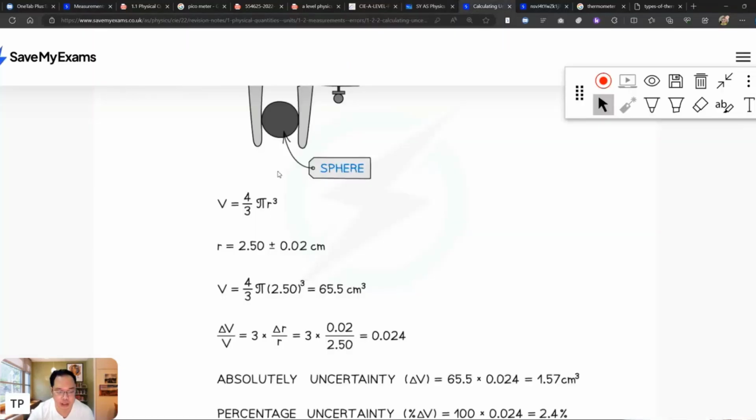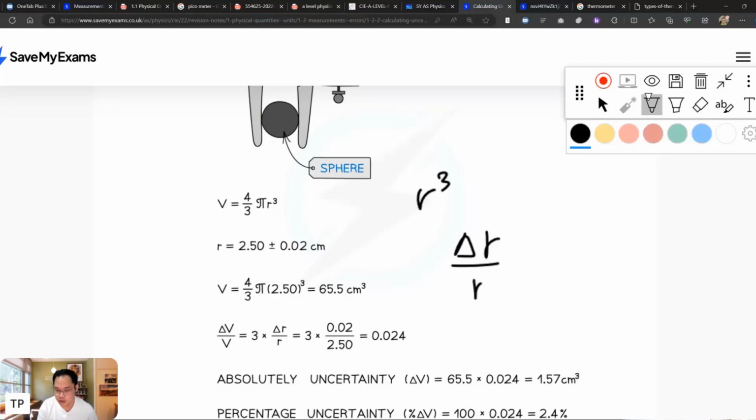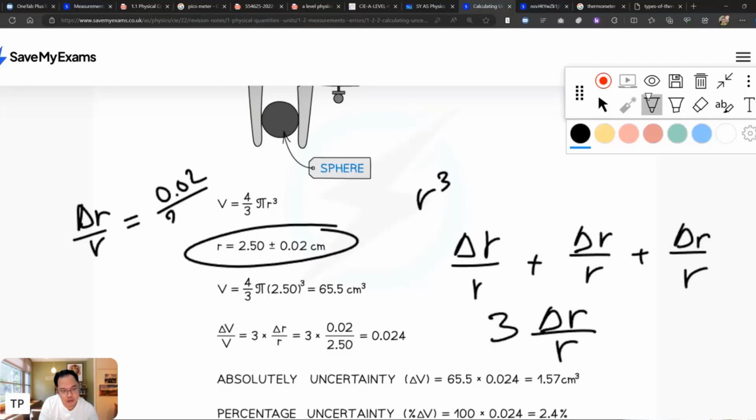Similarly, with another example, calculating the volume by the formula 4 over 3 pi r cubed. Each time we measure the radius, the fractional uncertainty, delta r over r, you add it 3 times. So you have 3 times the fractional uncertainty affecting the final uncertainty of the calculation of the volume. Therefore, the uncertainty of the radius, delta r over r, is 0.02 over 2.5.